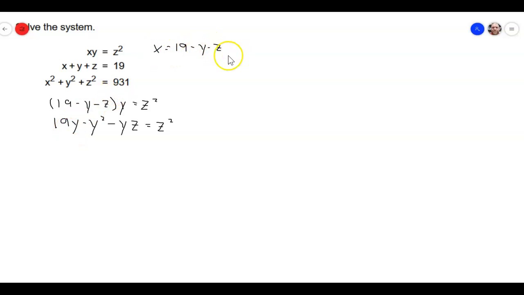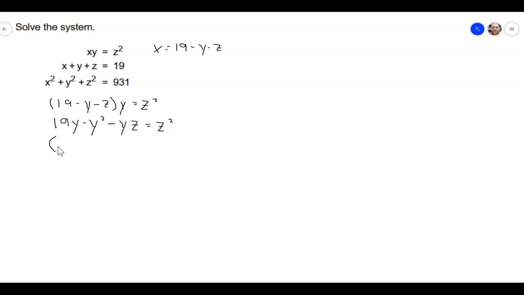Now I'm going to do the same thing with this substitution, but with this equation down here. So I'm going to replace the x here with the 19 minus y minus z squared. Oh man, that's going to be yucky, but I don't think there's another way to do this.